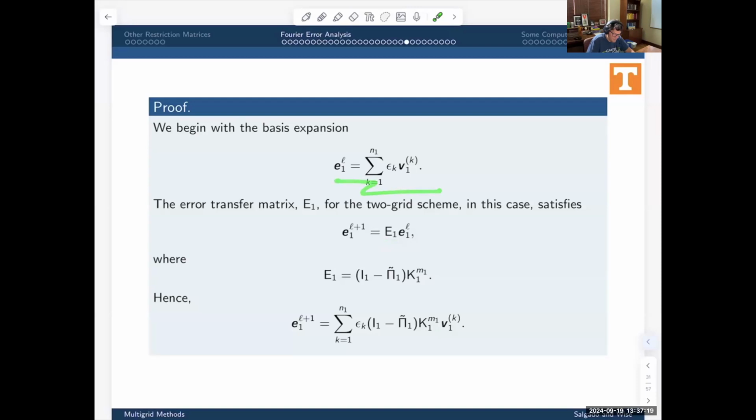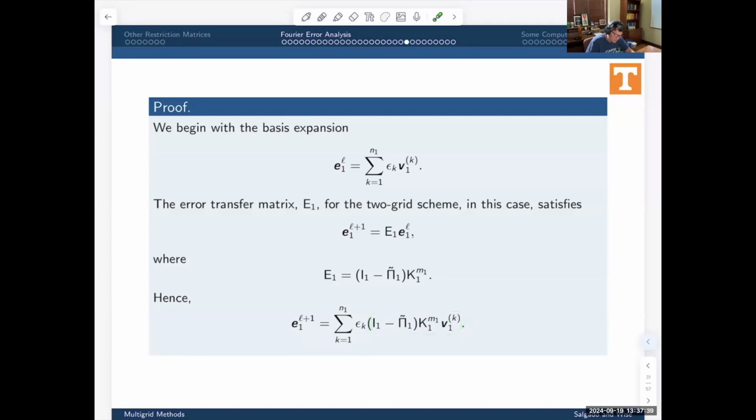Clearly I get the expansion with the coefficients times these sine modes. So now everything boils down to figuring out what is going on with this.